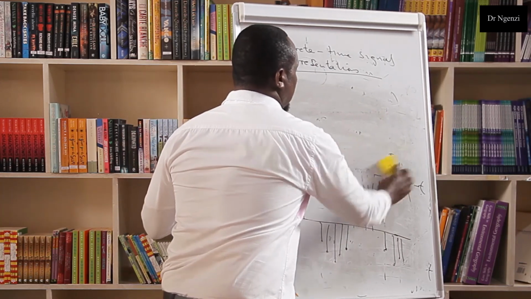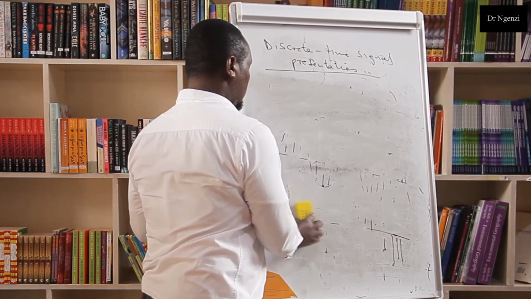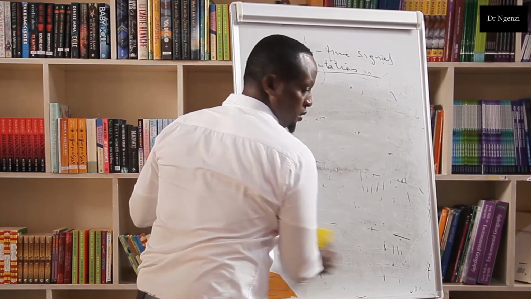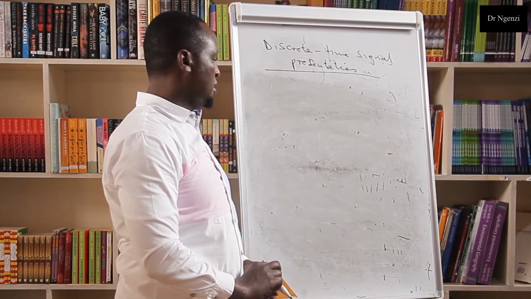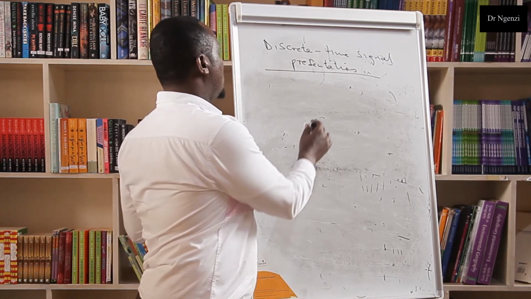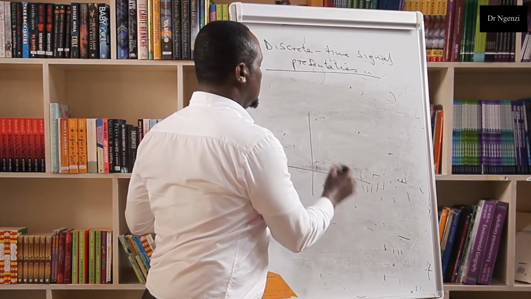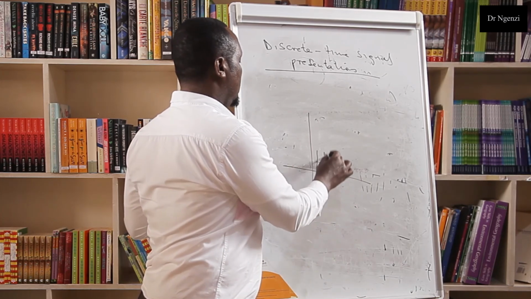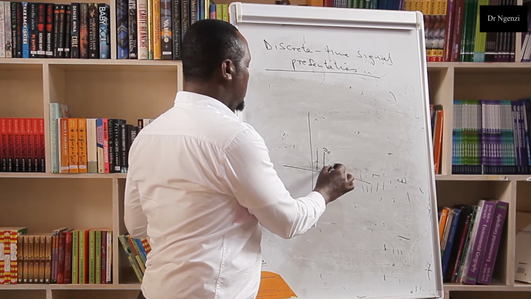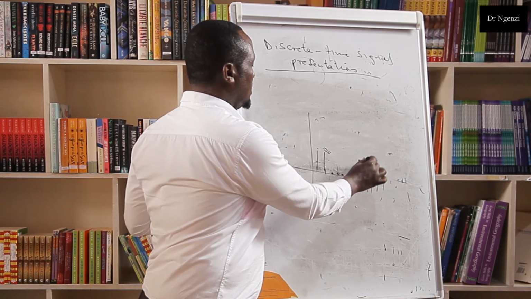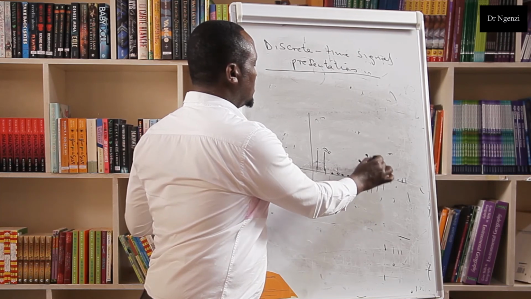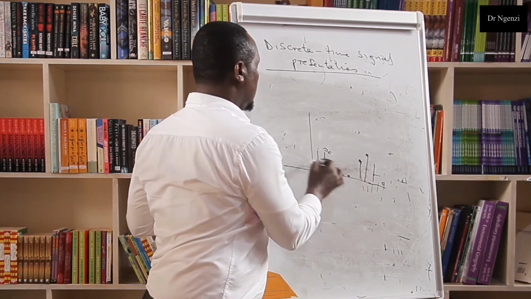You can also move to other presentations. For example, it may not always be that this discrete signal starts at the unit. It can also lie into zeros here, then it goes to that, then it goes to that.